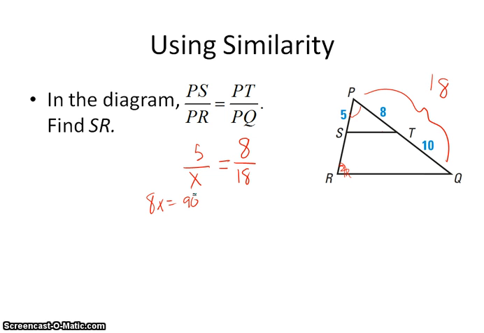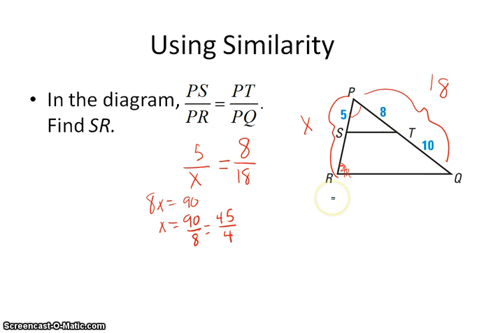So 5 is to x as 8 is to 18. And x is going to then be equal to 90 over 8, which I'm going to simplify to 45 over 4.